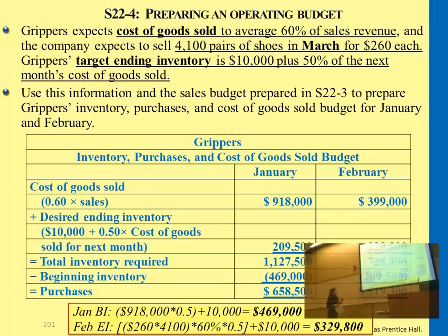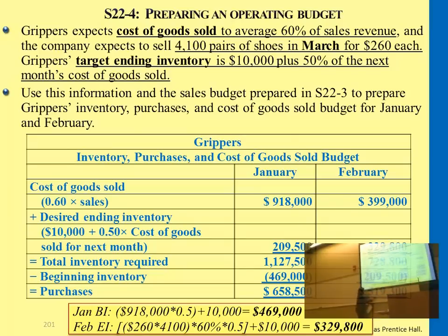Okay, so for the third line, you total up the two numbers we just figured out. Now when it comes to beginning inventory, this is testing whether you know that beginning inventory is the previous month's ending inventory. So this $469,000 is a little tricky to get. It comes from last month's ending inventory, December's ending inventory.